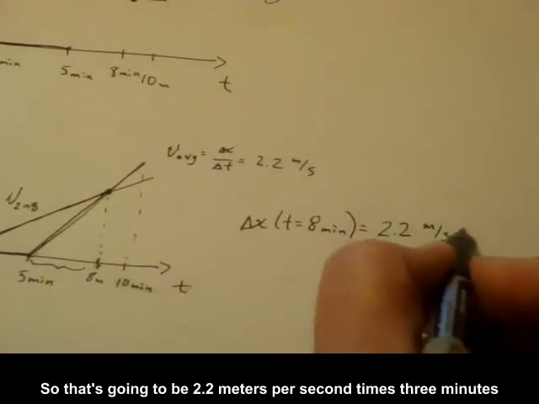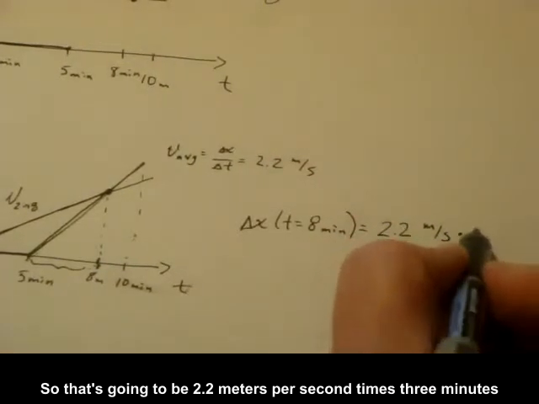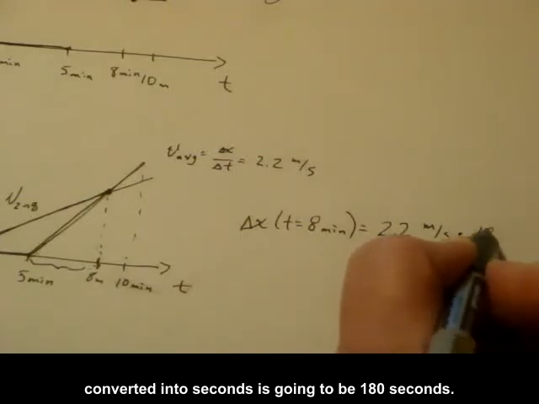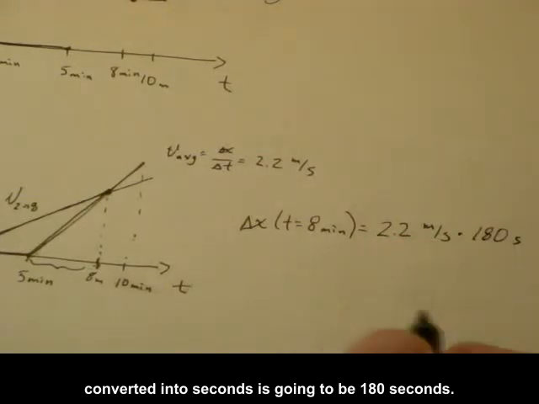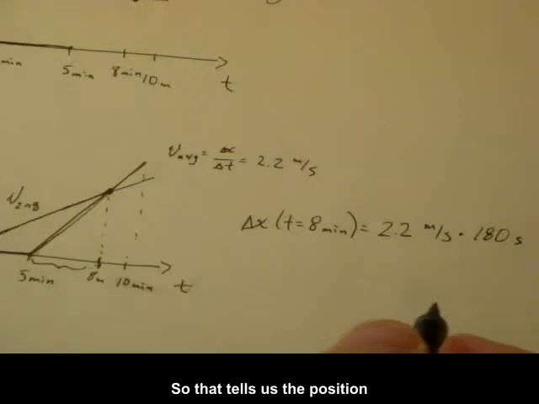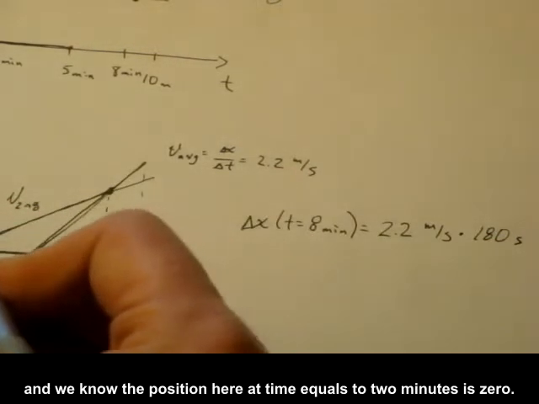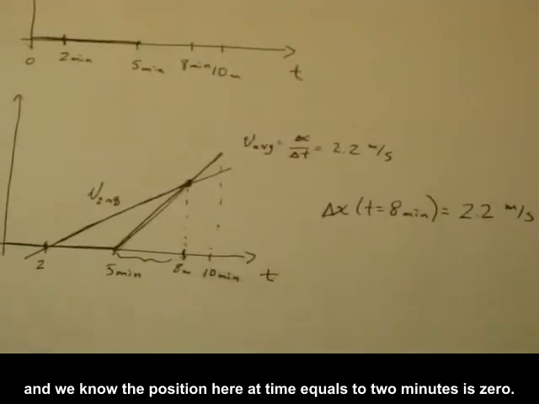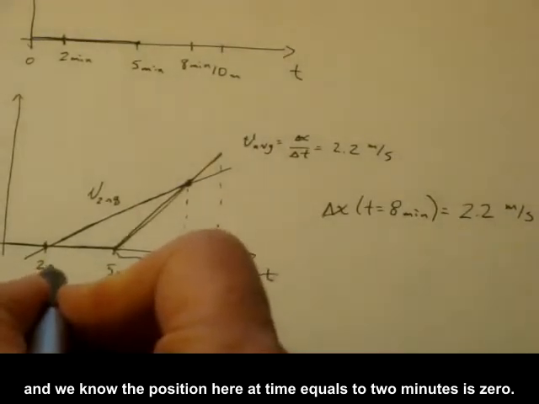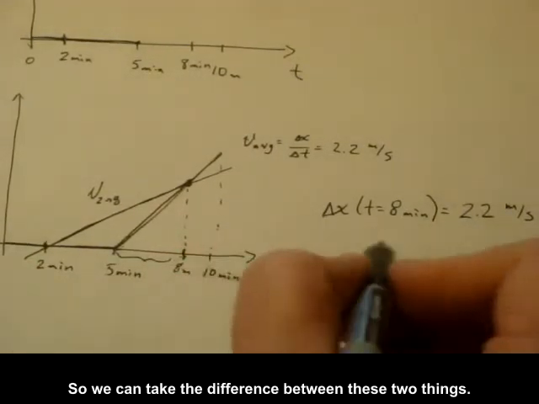So that's going to be 2.2 meters per second times 3 minutes converted into seconds, which is 180 seconds, right? So that tells us the position, and we know the position at time equals 2 minutes is 0. So we can take the difference between these two things.